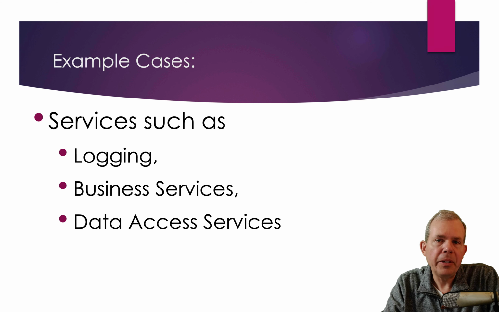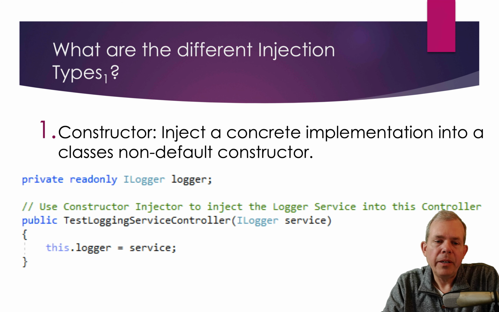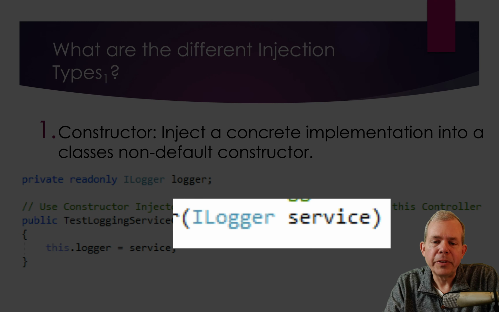If you want to do some testing on fake data, then you can, and real data when you need to. There are 3 ways that you can use injections into code. One is called the constructor, the other is through a property, and the other is through a method parameter. We're going to demonstrate with this first one here called a constructor. You can see the example of a constructor of a program here called TestLoggingServiceController, and it is asking for a parameter called service.